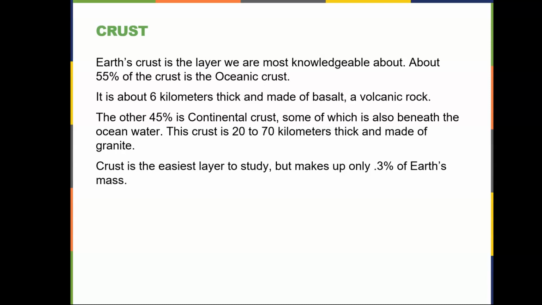It is about 6 kilometers thick and made of basalt, a volcanic rock. The other 45% is continental crust, some of which is also beneath the ocean water. This crust is 20 to 70 kilometers thick and made of granite. Crust is the easiest layer to study, but makes up only 0.3% of Earth's mass.